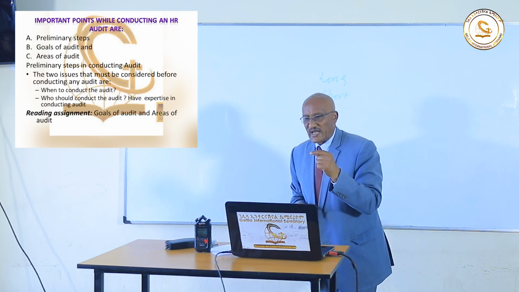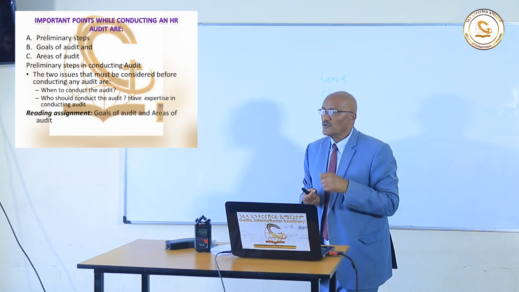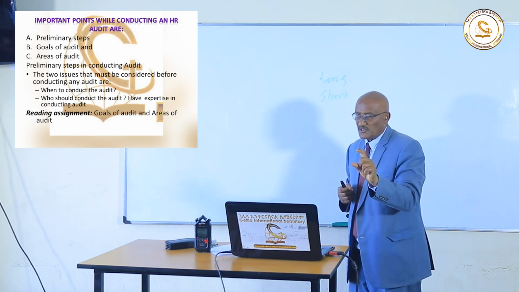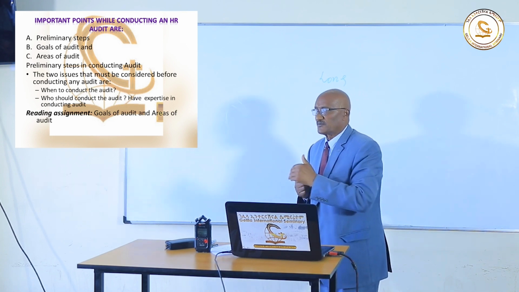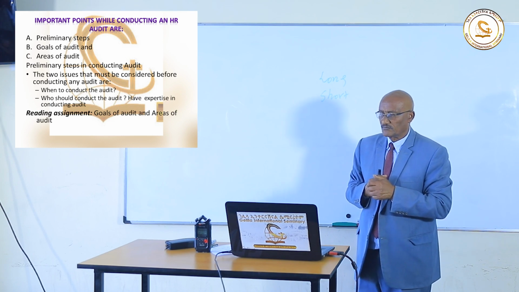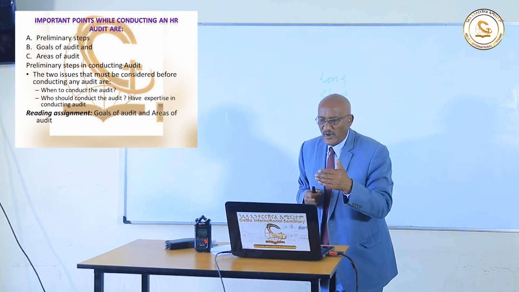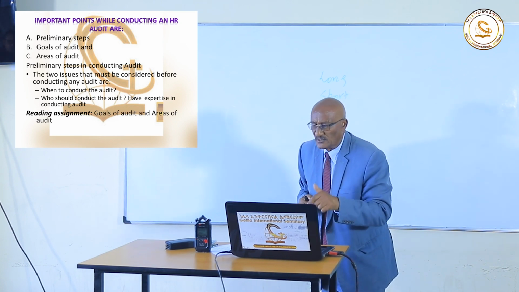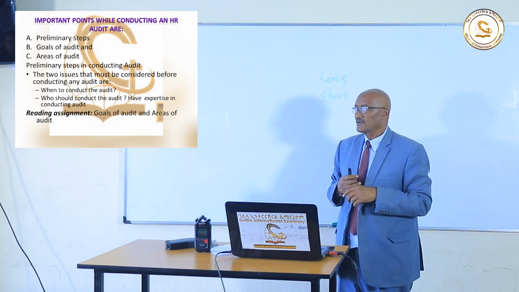Important points while conducting a human resource audit. When you conduct a human resource audit in your organization, make sure that you are doing these three things. One thing, preliminary steps. These preliminary steps are: when to conduct the audit, who should conduct the audit, who has expertise in conducting audit.